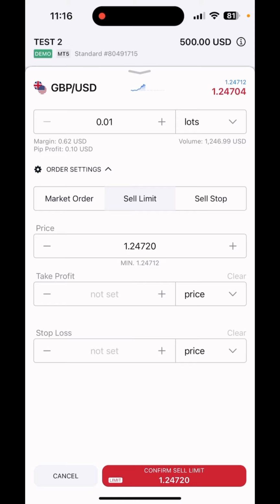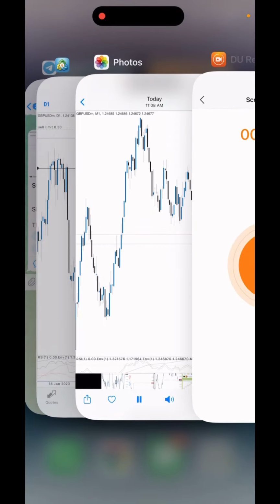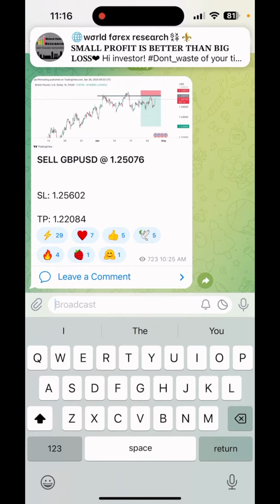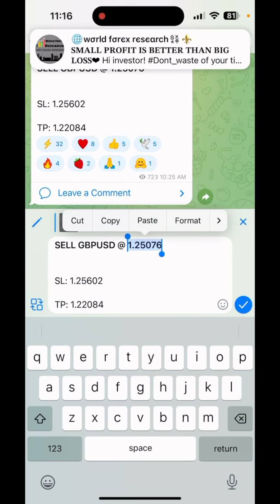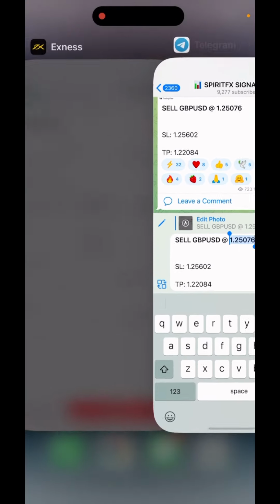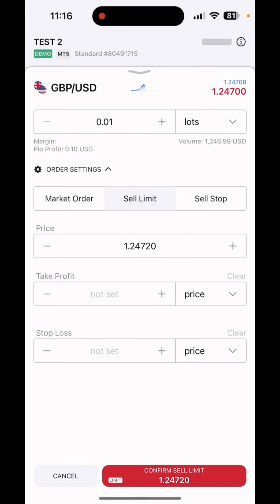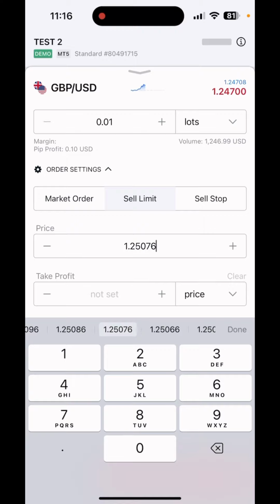Now, this is where you put in the price, which you copy from the signal I sent. You put in the price, the take profit, the stop loss, and you enter. All right, let's quickly go on to the Telegram. Let's copy our entry point. You come here, you tap here, you paste.